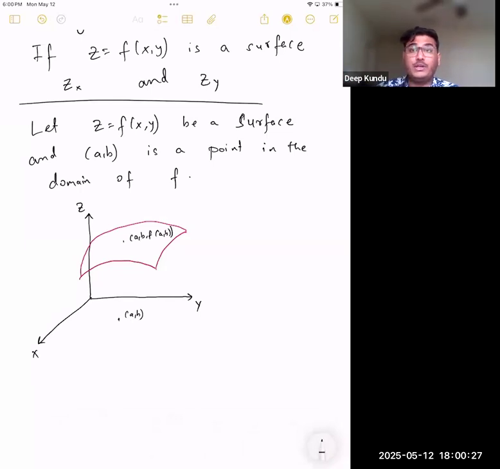All right, so now we are going to do the partial derivative with respect to x. So we are going to fix y. In this case, we are going to fix y equals b. So what is y equals b? It's a plane in R3 which is parallel to the xz plane, right? So let's draw this plane.